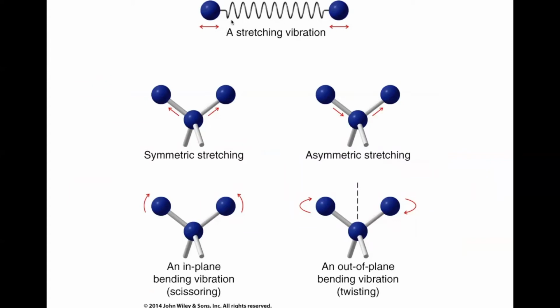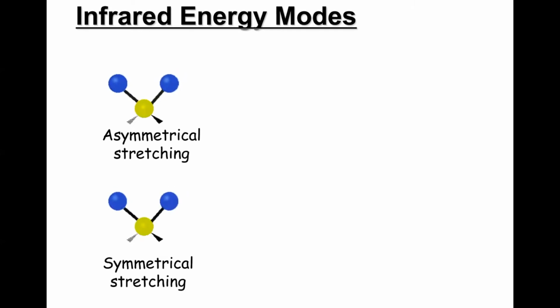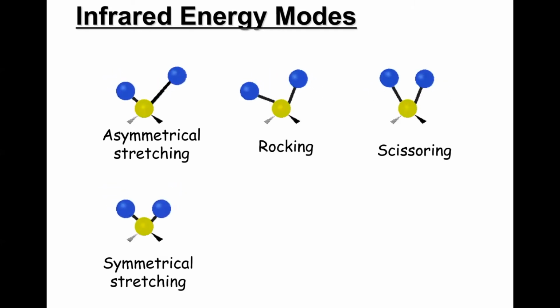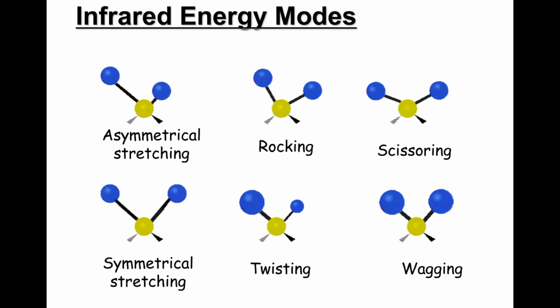So in infrared, when we talk about a bond stretching or bending, this is what we're talking about. We have a bond, we can think about that as a spring, and so we're going to have some stretching and bending and vibrating. The next slide actually shows a really nice display of how this might work: asymmetrical stretching and symmetrical stretching, rocking, scissoring, twisting, and wagging.